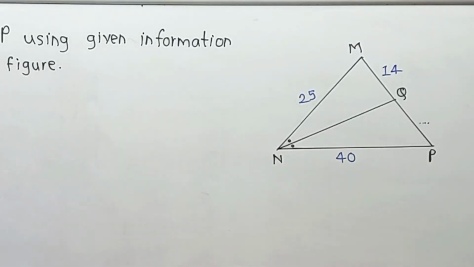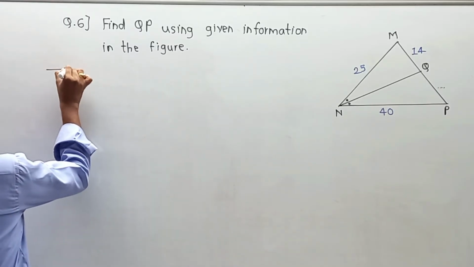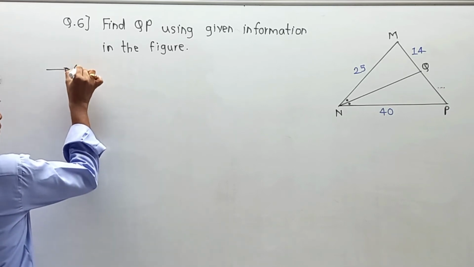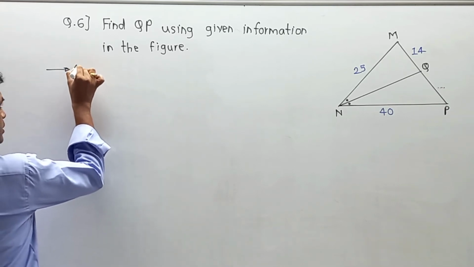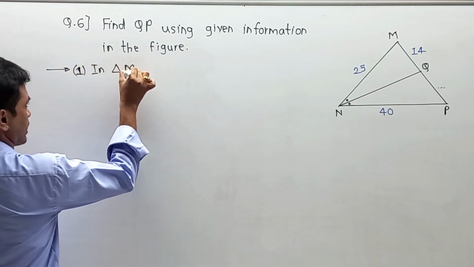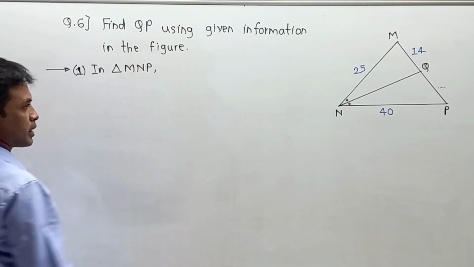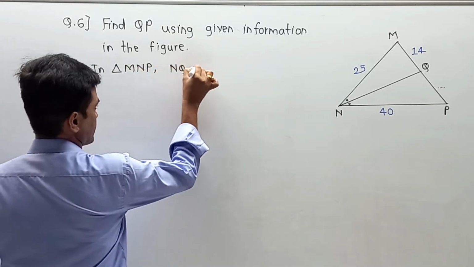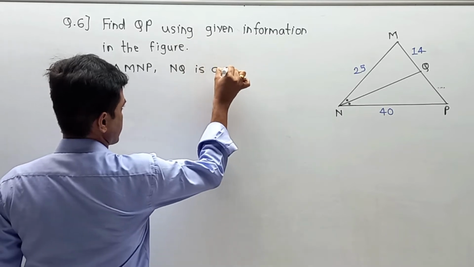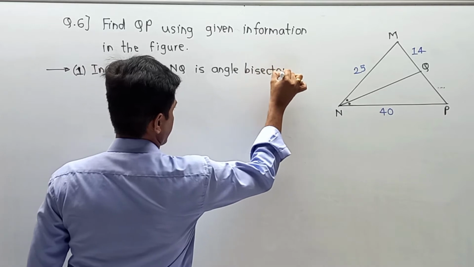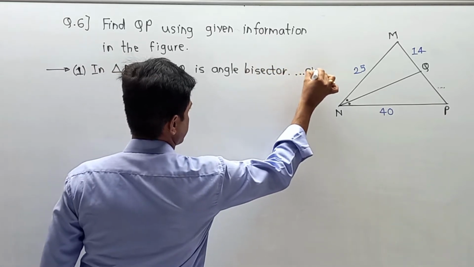Now taking up the writing structure: in triangle MNP, NQ is the angle bisector. They have given it, so I am going to write it as given.